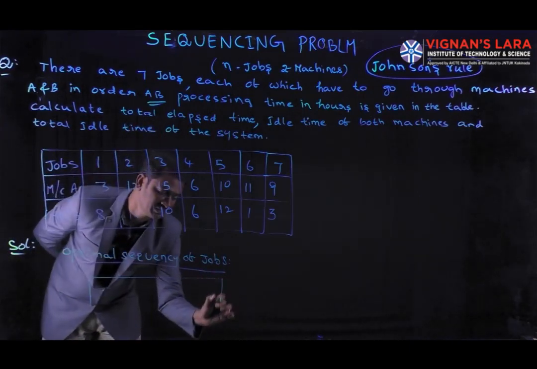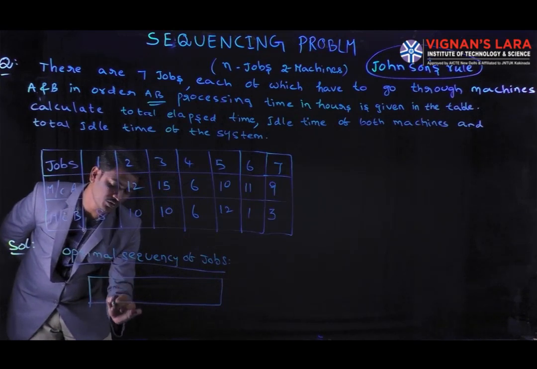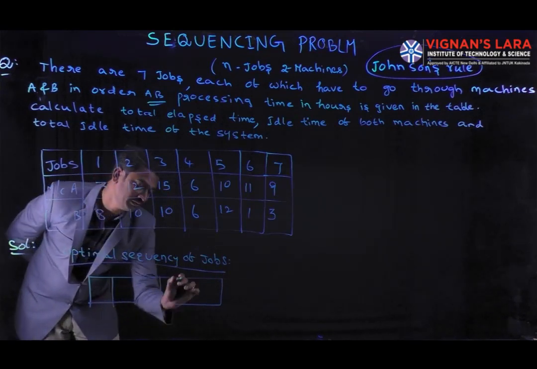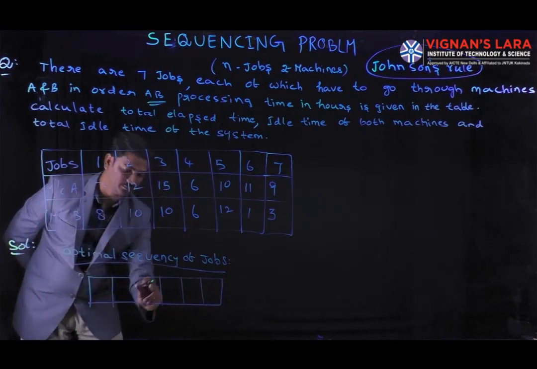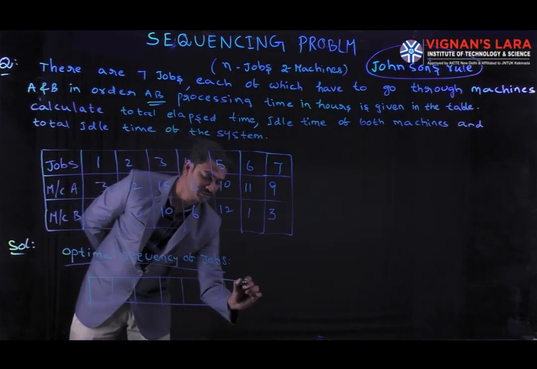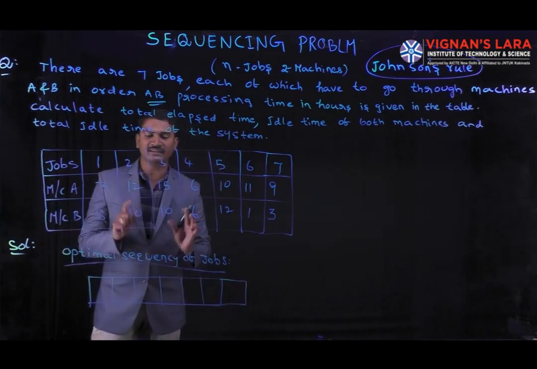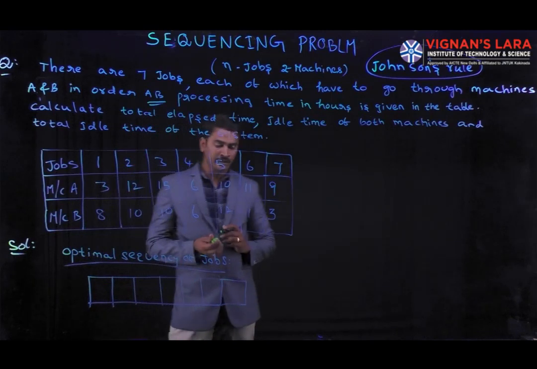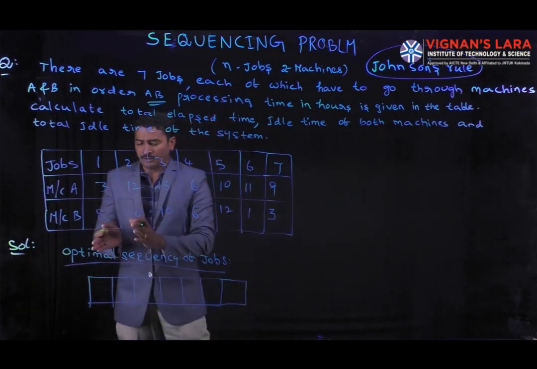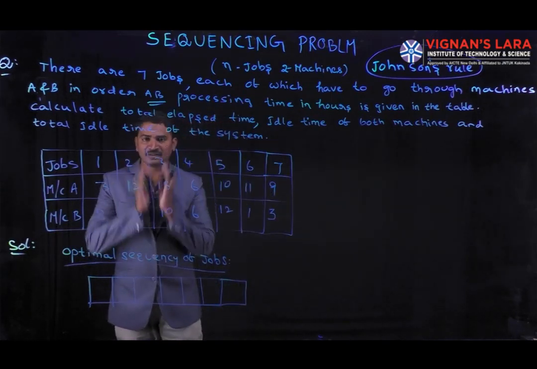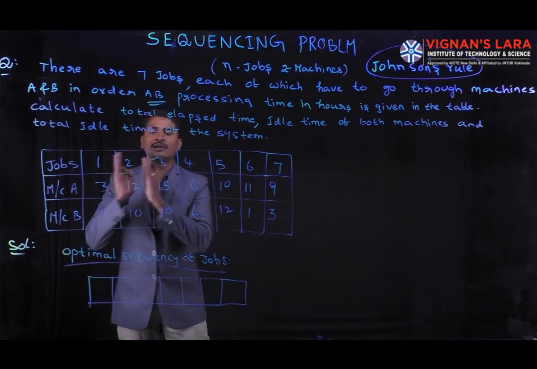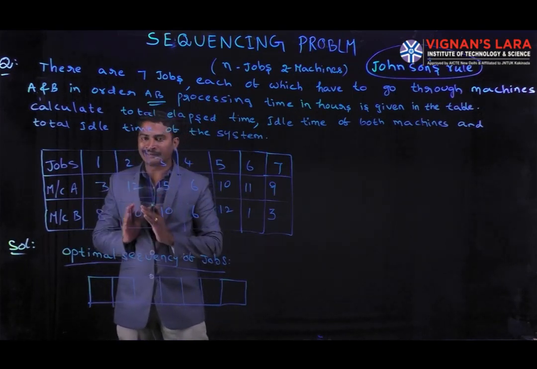Total 7 jobs. I am going to take 7 boxes: 1, 2, 3, 4, 5, 6, and 7. Here I am taking 7 boxes for 7 jobs, and we are going to find the sequence of the jobs, also called the order of the jobs.